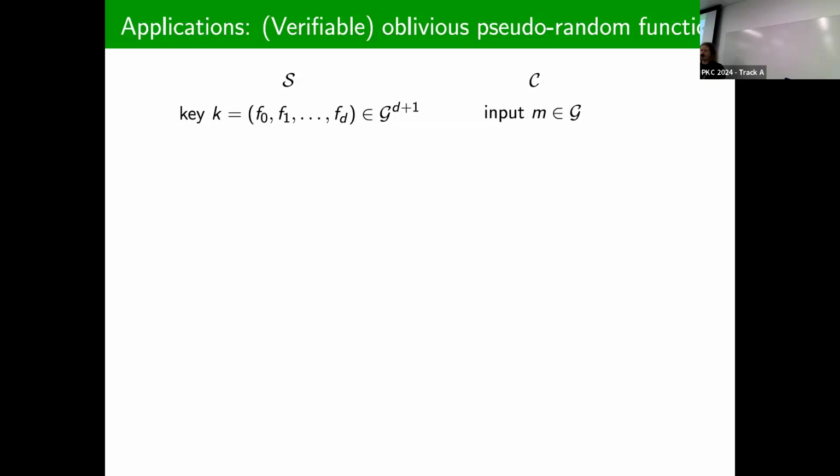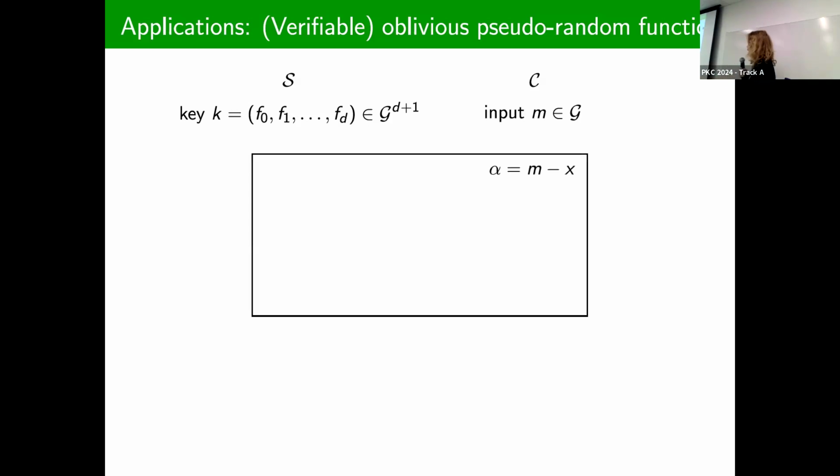And the OPRF works pretty simply. I'm not going to go into details here, but basically we have a server that has a polynomial on its side. So the key is polynomial coefficients up to some degree. And the client has some message. And these are all elements of this group that we're working with. And the idea is that the client simply masks its message and sends it to the server.